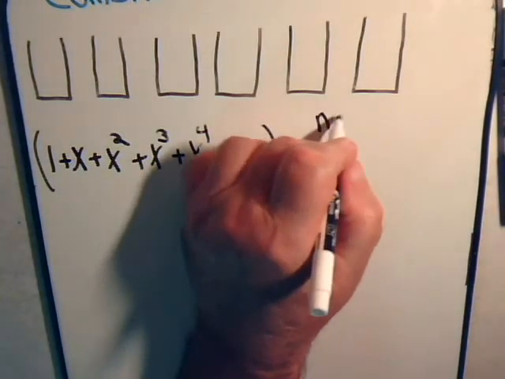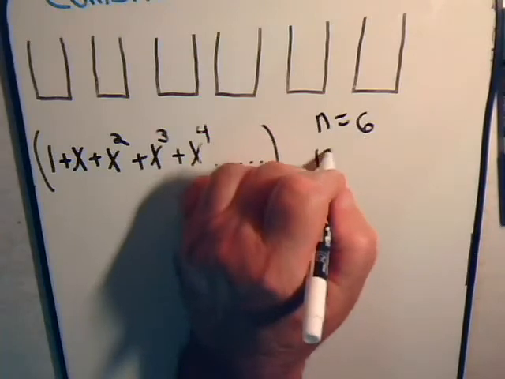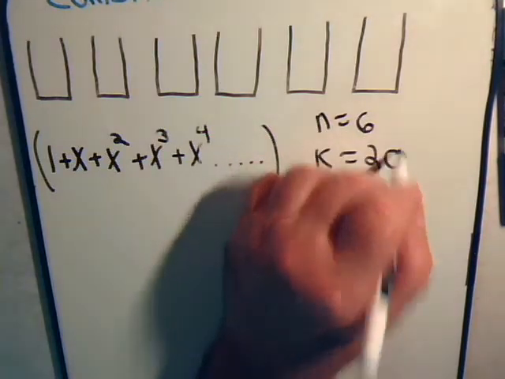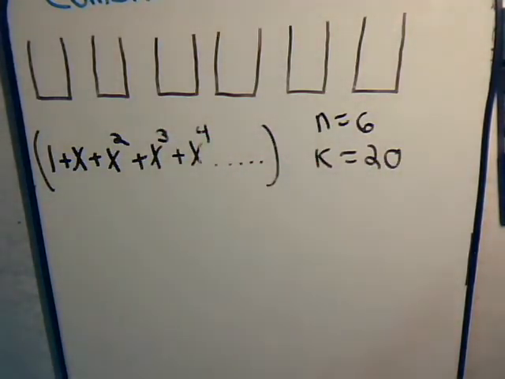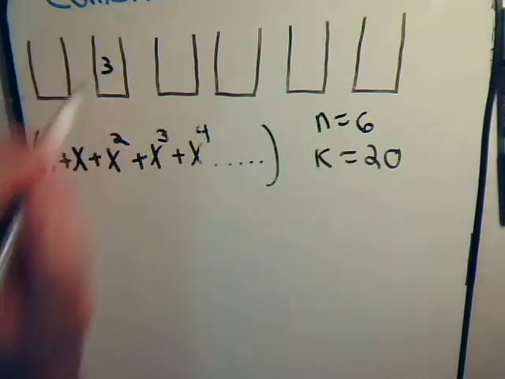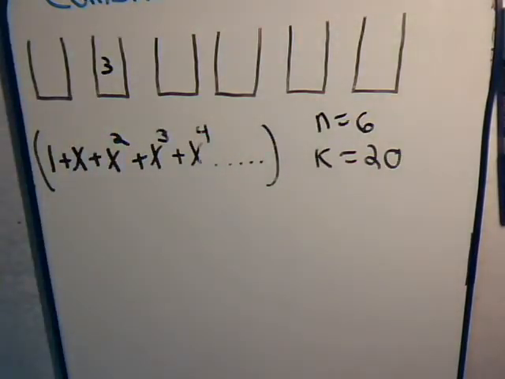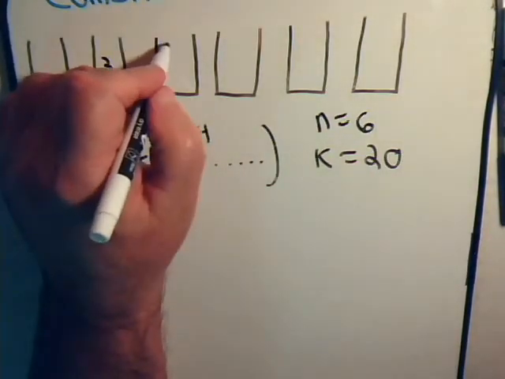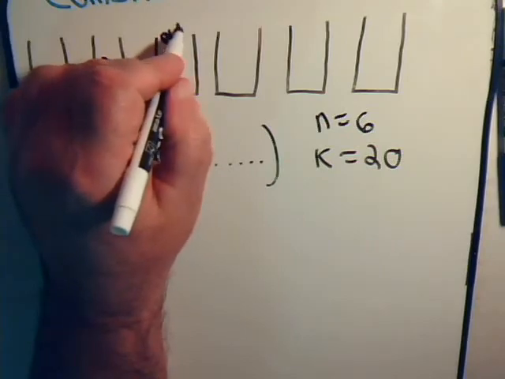So n equals 6. And you can select, say, 20 of them. So k equals 20. But when you're doing it, you have to include at least 3 pieces from this one. And from this one, you can only select an even number.